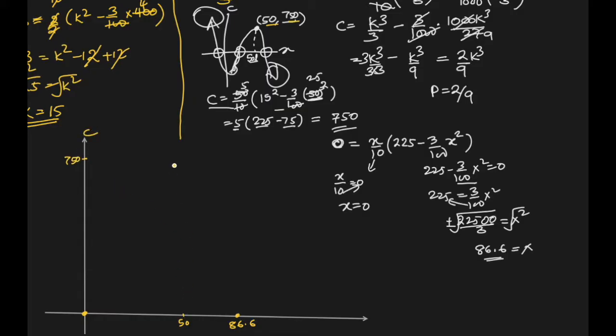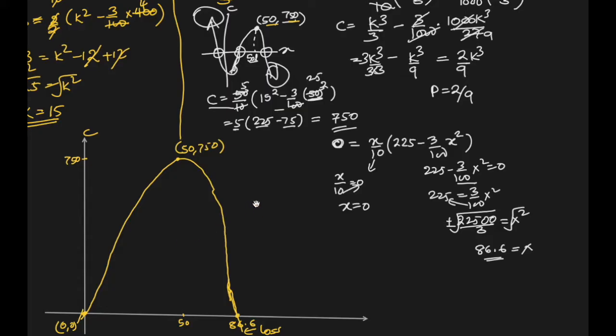So 50, 750 is here, and the cubic function will look something like this. And we should not go negative, by the way. Let's undo this, because nobody wants a loss. If it goes beyond this, there will be a loss here. This is 50, 750. This is 0, 0.